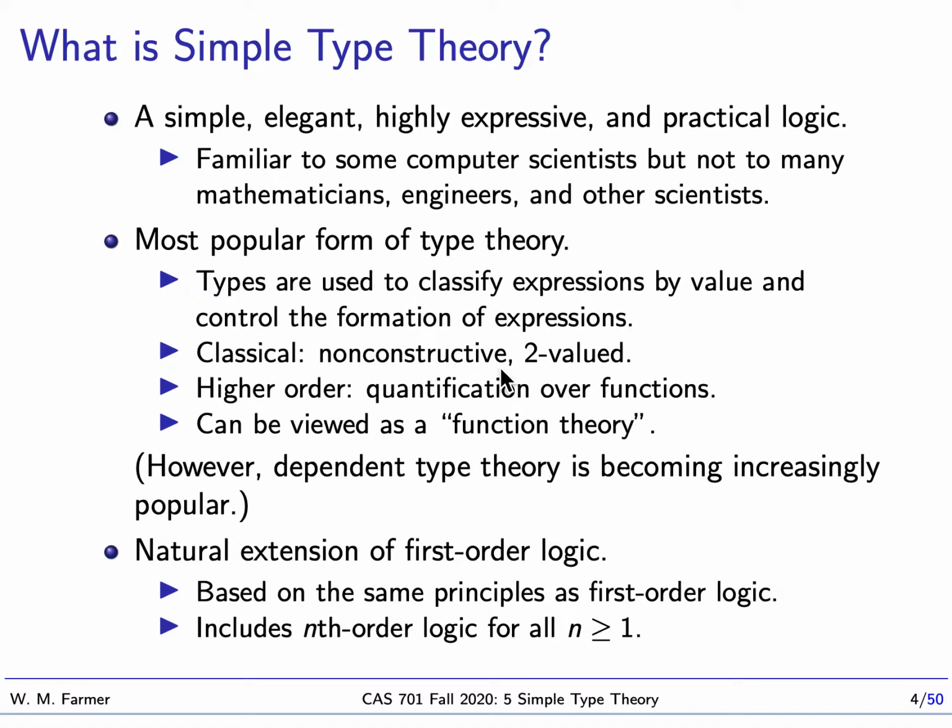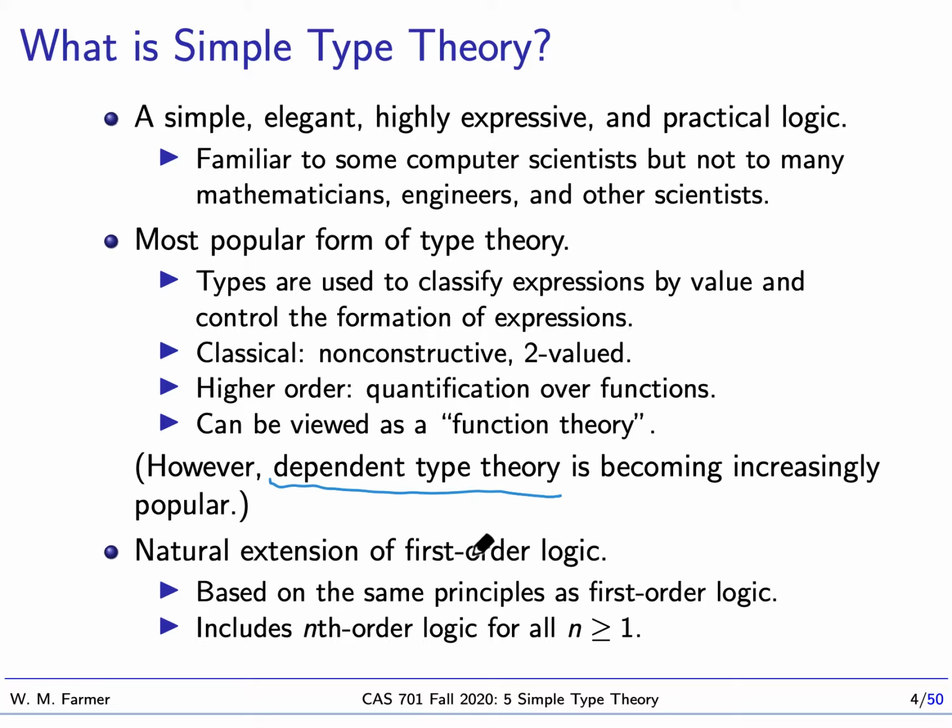It is a logic that mathematicians and engineers and scientists are not familiar with. It is nevertheless the most popular form of type theory. However, today another version of type theory, dependent type theory, is becoming increasingly popular in the computing world.